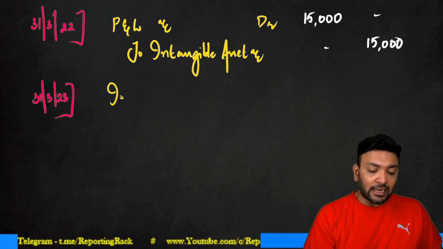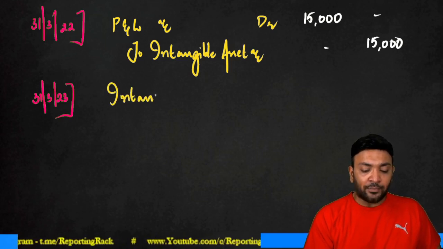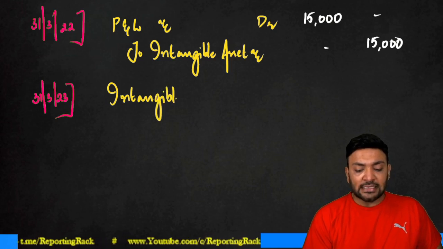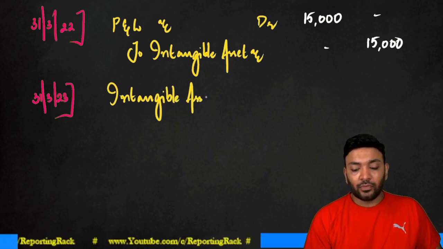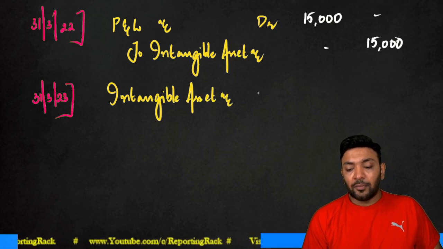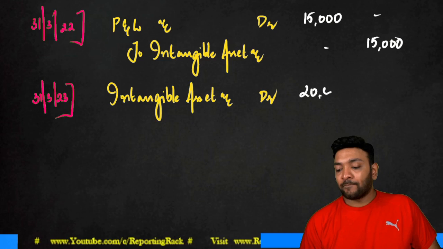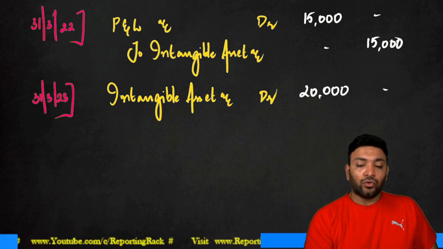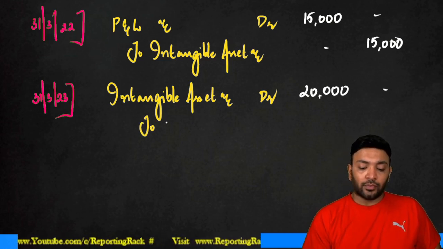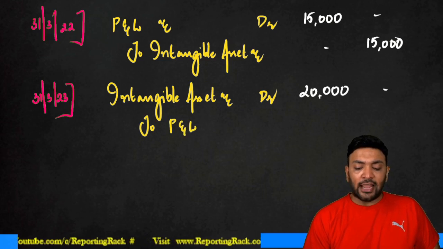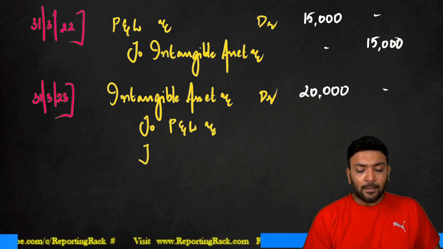So first, intangible asset account debit. How much is the increase in the value of the asset? 20,000. Became 1,05,000. To P&L to the extent it was credited earlier.